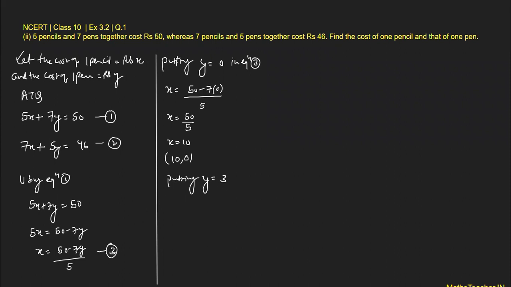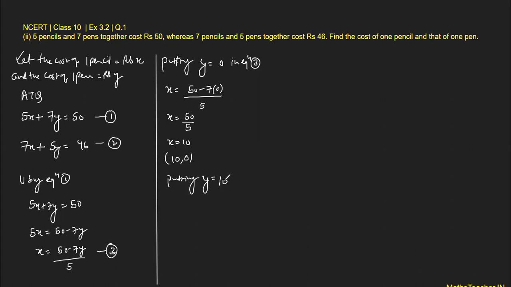If I put Y equal to 3, then 7 3 are, no, this is not going to work. So let's put some other value. Yes, we can put Y equal to 10. Yeah, exactly, no problem at all.